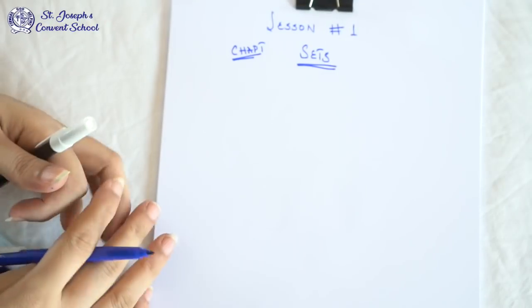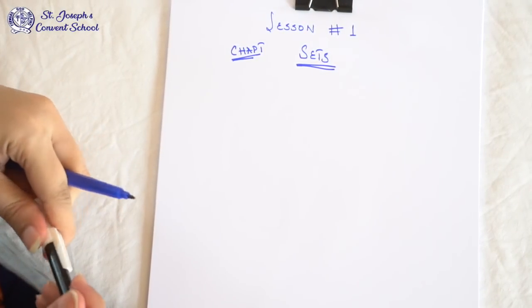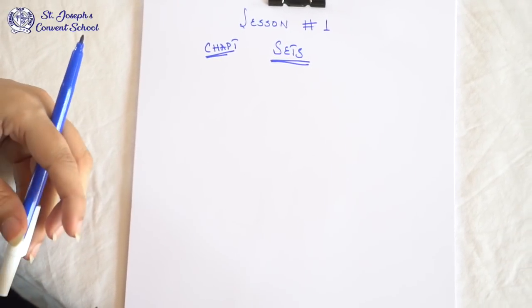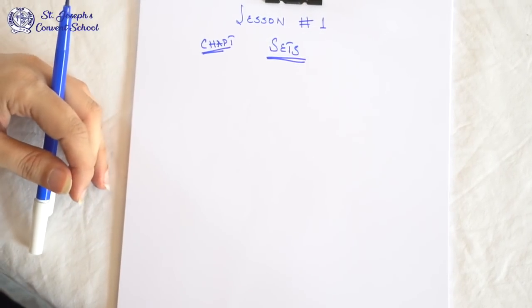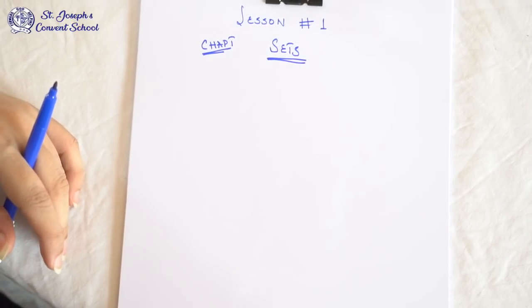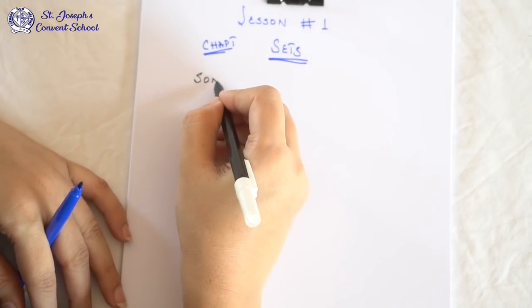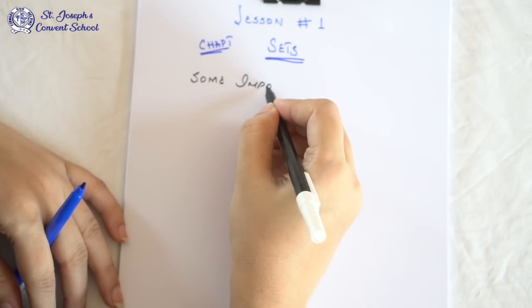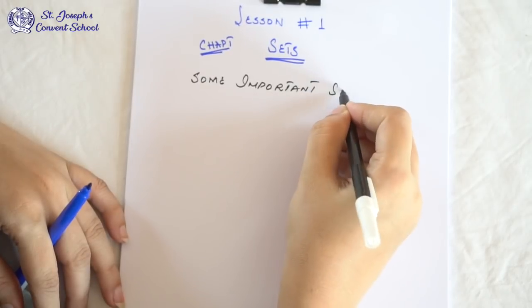First of all, we are going to write some important sets that I'm going to explain. You have already done this in class 7th or 8th, so it's like revision for all of you. These are some important sets, and you already know all of these.